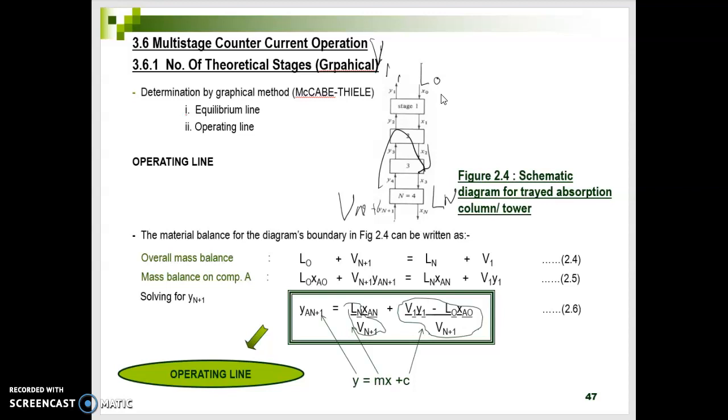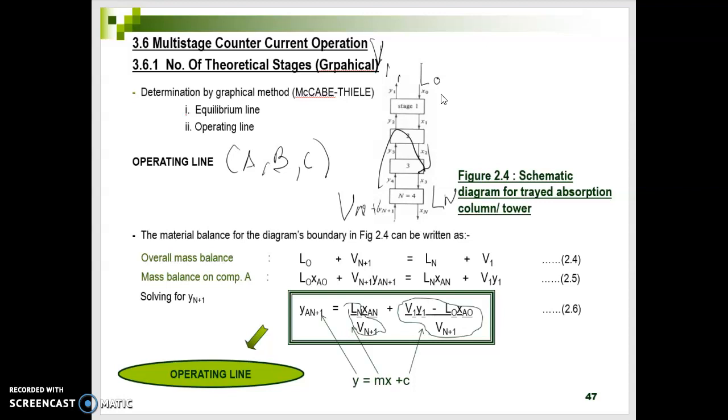From here, by understanding the questions, you need to come up with all the compositions for each stream. That means you need your A, B and C components here.